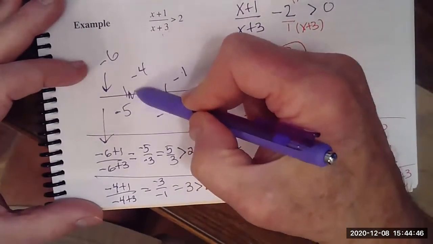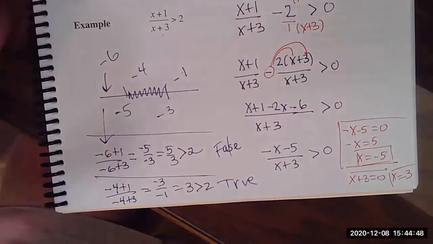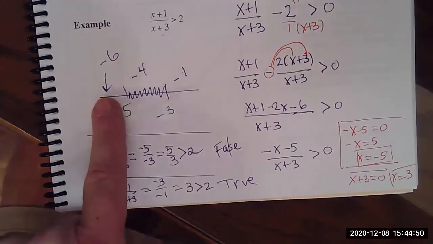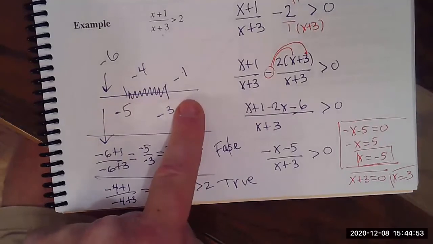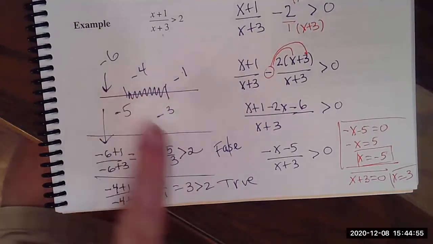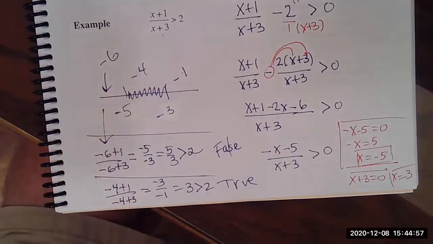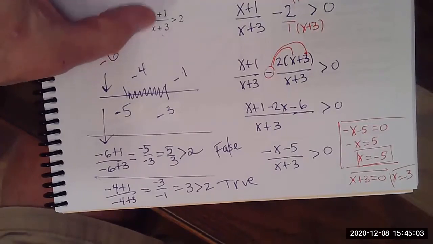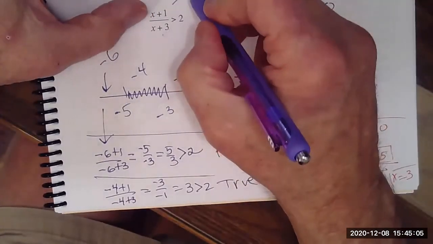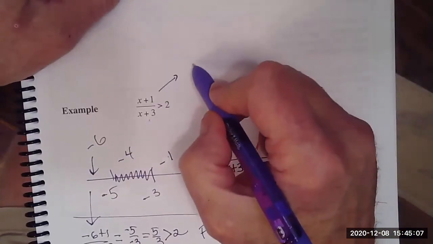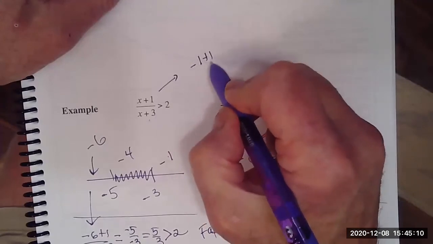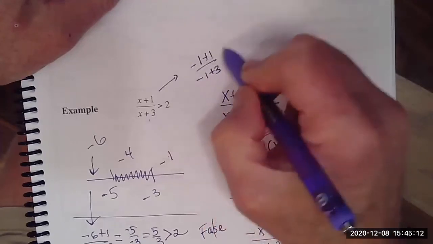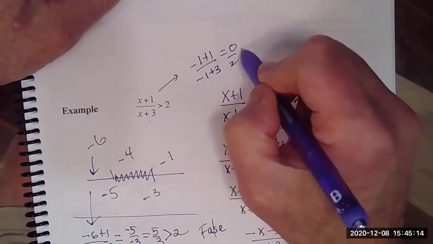So in here, so no, yes, no. You'd think this is a no. That's what I would think, because there's a pattern to it. If it starts with yes, then it kind of alternates. So I'm going to try -1 just to make sure. Put -1 top and bottom. So -1 plus 1 over -1 plus 3, that's 0 over 2, which is 0.